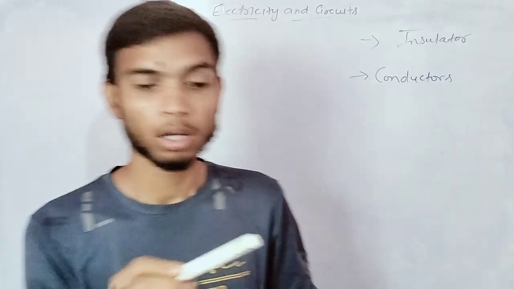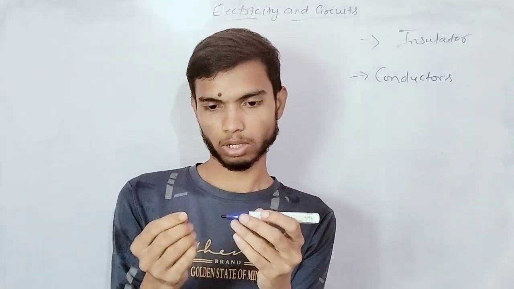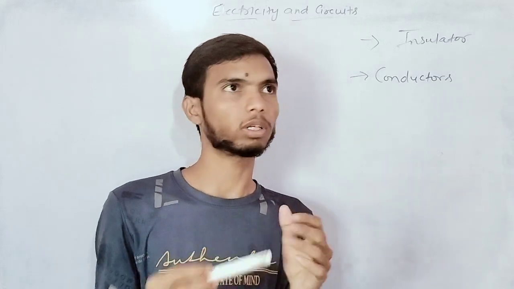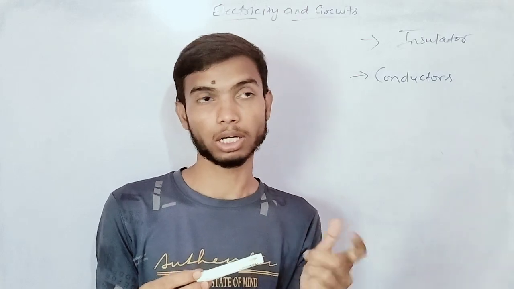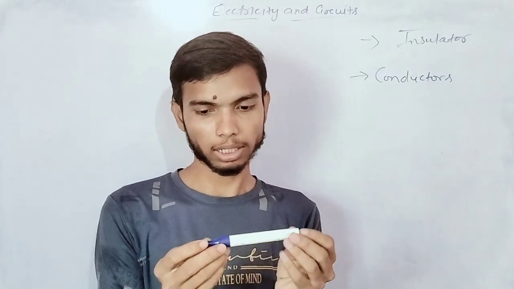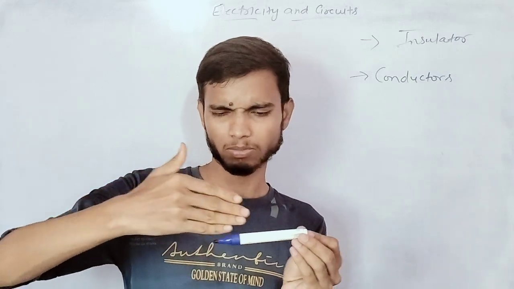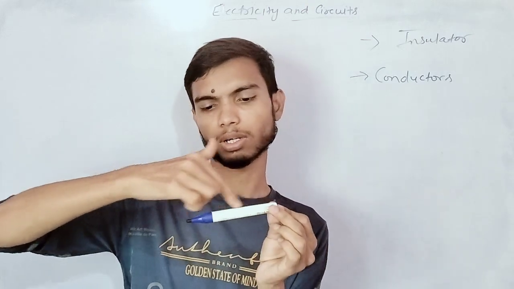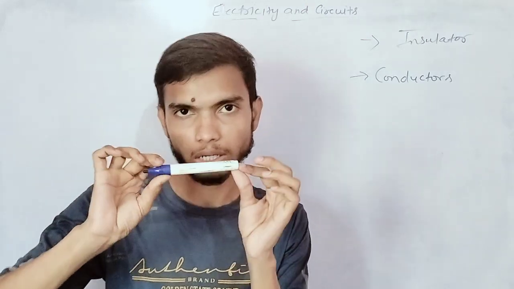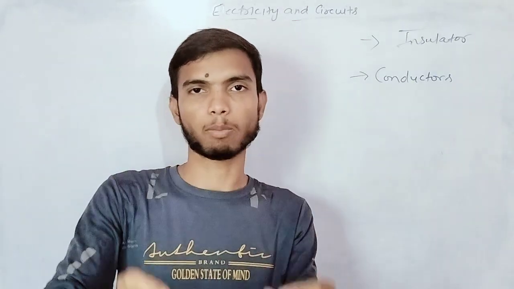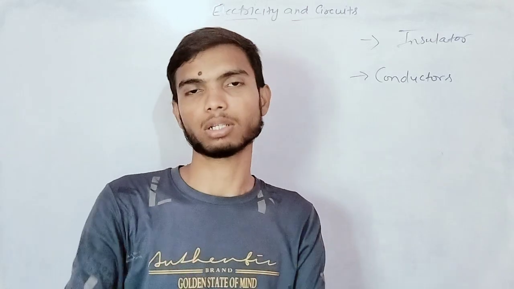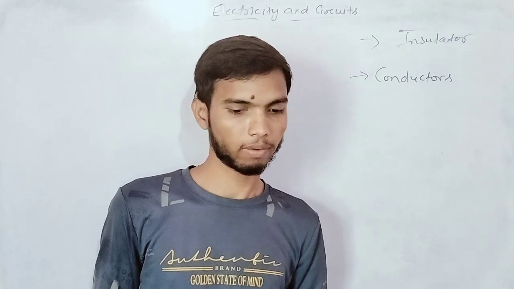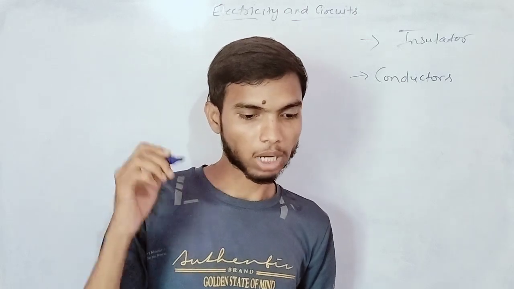Okay. Now here, this is an object. When you connect a wire to one terminal of the electricity, and a second terminal of the electricity, then electricity will not pass throughout this object. That's why we are considering this type of object as an insulator. What about iron?